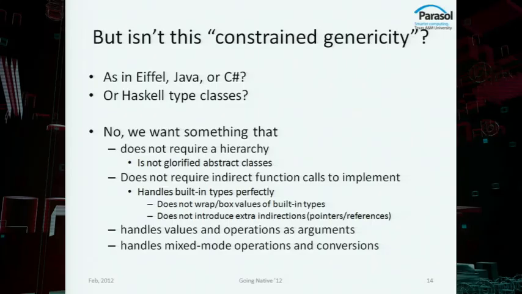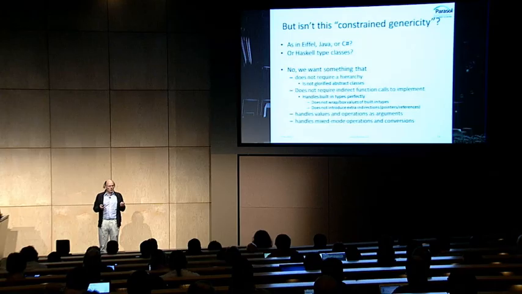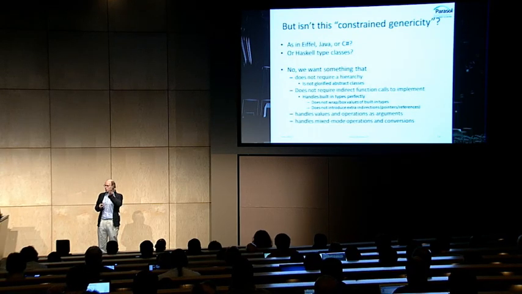We're using templates very intensely for performance critical situations, and if an abstract class is what you want, if the nice isolation of concerns that you get from an abstract class is what you want, you know where to find it. We've had them for 20 years. We want something else.